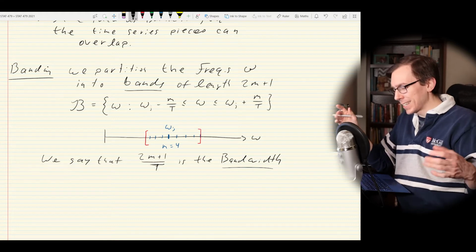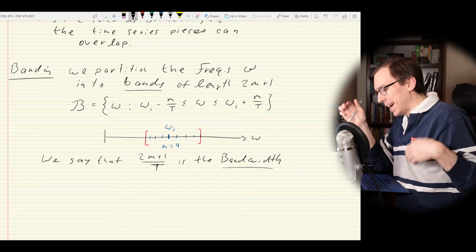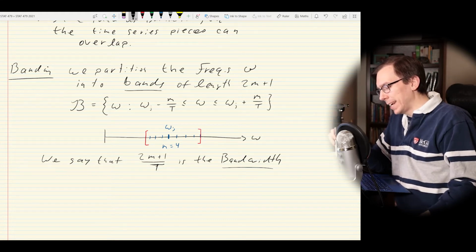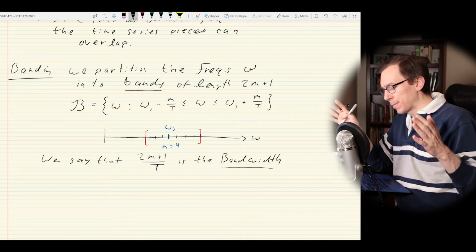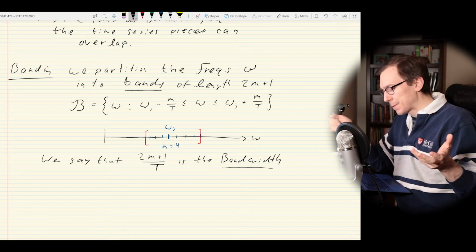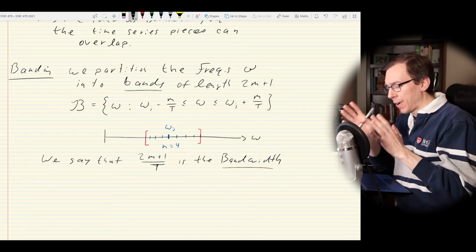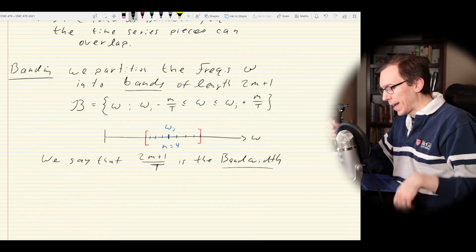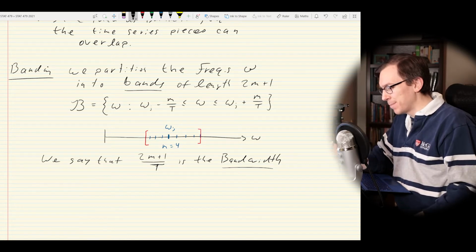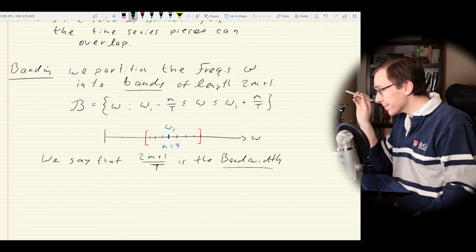In this case, literally, it is the width of the band. We're thinking of the frequencies as running all the way from 0 to 1, omega going from 0 to 1. So by dividing by T, it's the fraction of the unit interval that's captured by this little red box, the bracket that I put in.